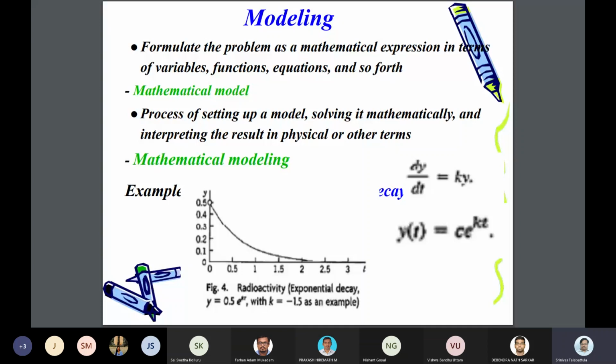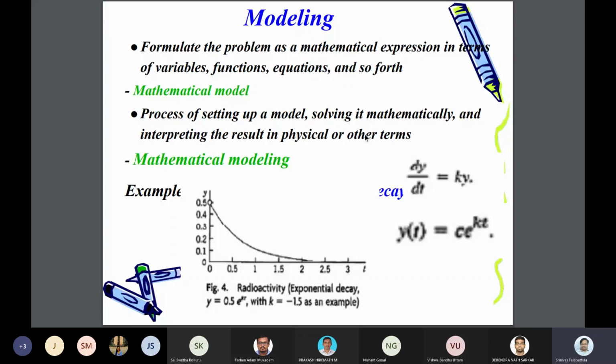We would like our physical system to represent a very broad category of systems. For example, when I say sin x plus c, it can represent any variable, or y equal to a sin x. For example, if a is an arbitrary constant, it can represent an array of curves for different amplitudes and so on and so forth. So it's a very interesting part of setting up this model.